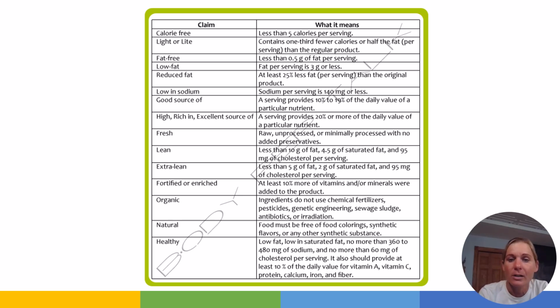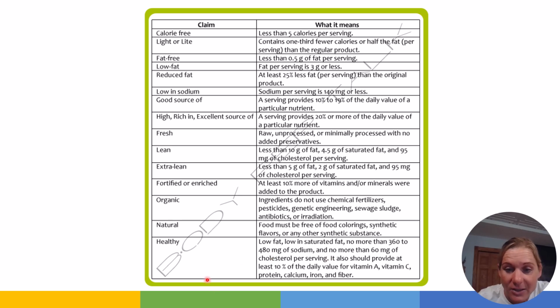This just shows you another look at how the FDA defines each of these terms. So if it's calorie free, it's less than 5 calories, for example. If it's listed as fresh, it's raw, unprocessed, or minimally processed with no added preservatives. How does it define organic? Ingredients do not use chemical fertilizers, pesticides, genetic engineering, sewage sludge, antibiotics, etc. What does it have to do in order to be considered healthy on the label?